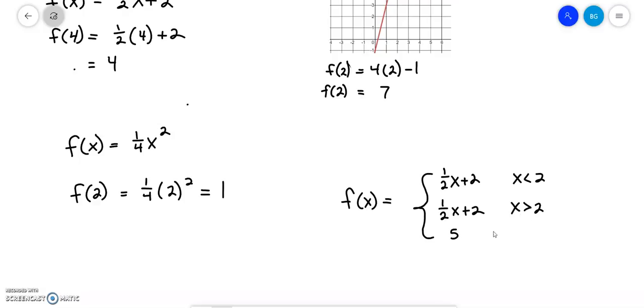But it's equal to 5 if x is equal to 2. So we've got this kind of goofy definition of our function. So notice that f of 2 right now is 5, right? If I wanted to evaluate this piecewise function, I'm using this rule since x is equal to 2, and it says that my function is equal to 5 at that point.